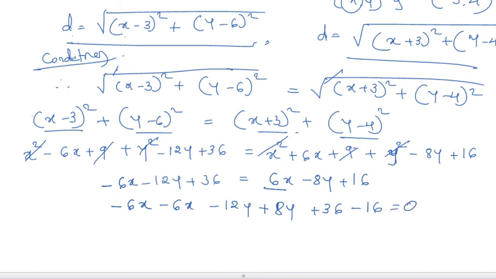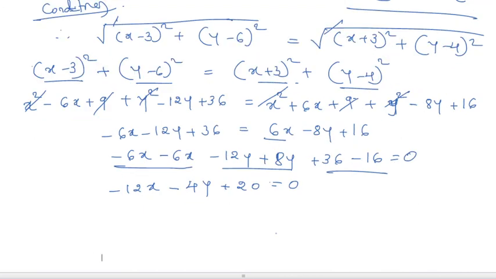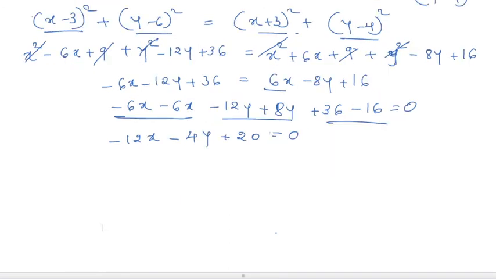Now group the like terms: minus 6x minus 6x gives minus 12x, then minus 12y plus 8y gives minus 4y, and 36 minus 16 gives plus 20, equal to 0. Now take minus 4 common.